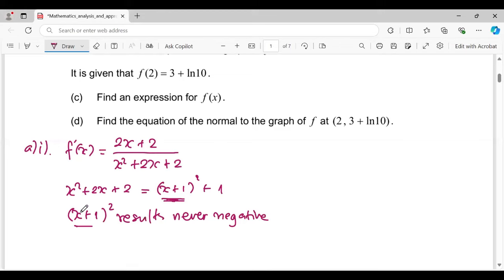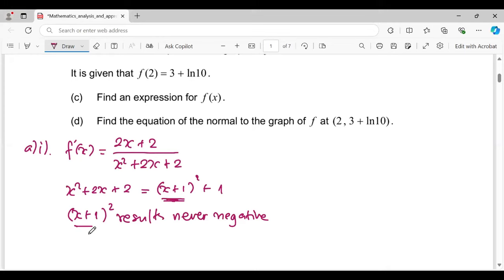If you substitute with negative 1, it will be 0. So the result is always 0 or a positive number.